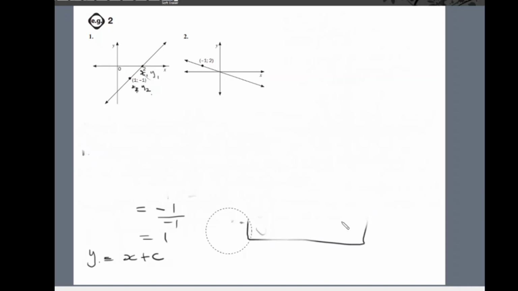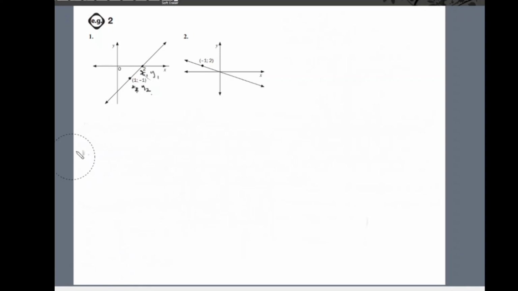Okay, and then we move on to question 2 and follow the same steps. We start by calculating the gradient, right, by saying m is equal to y2 minus y1 divided by x2 minus x1. I'm picking this point, the origin, as my x1 y1, right, and this one is my x2 y2, right.